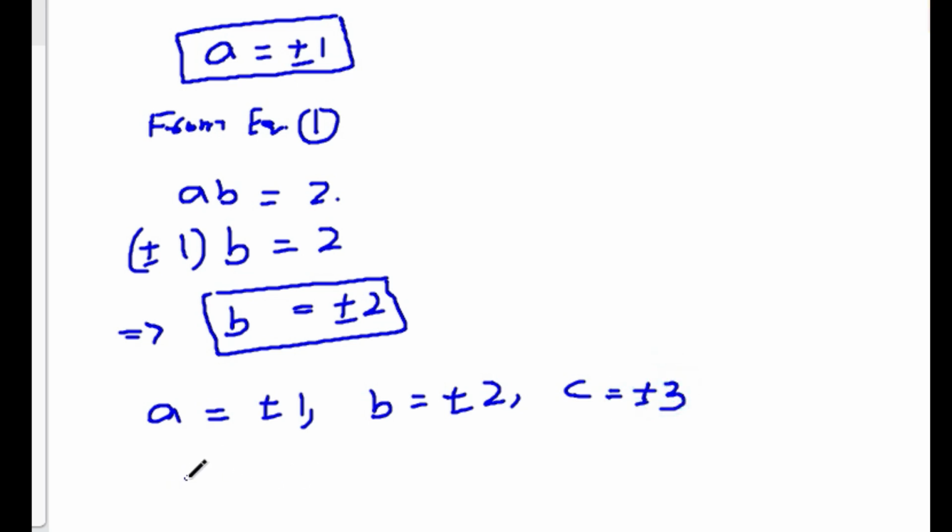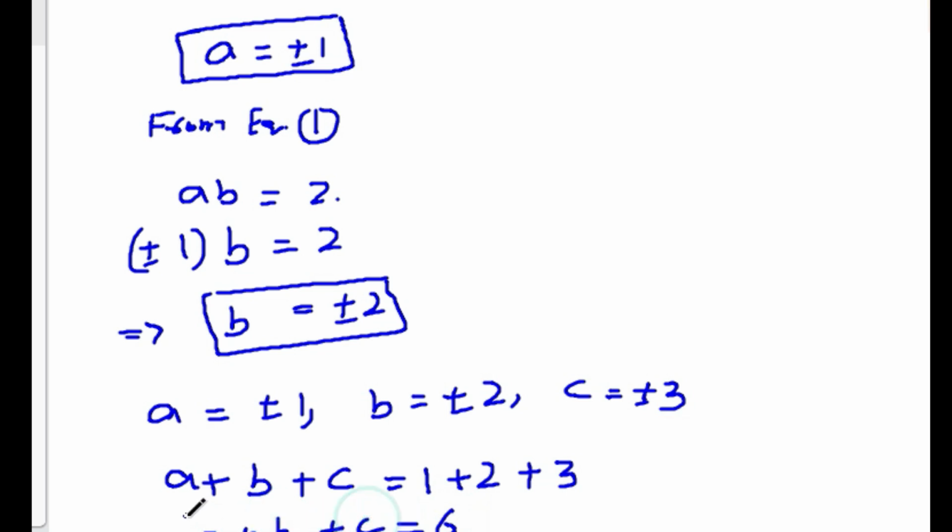But we have to find the value of A plus B plus C. First we will put A is equal to 1, B is equal to 2 and C is equal to 3, which is equal to, by adding we will get A plus B plus C is equal to 6.